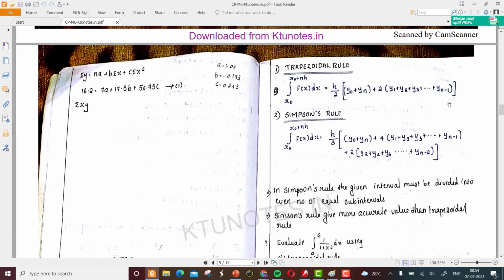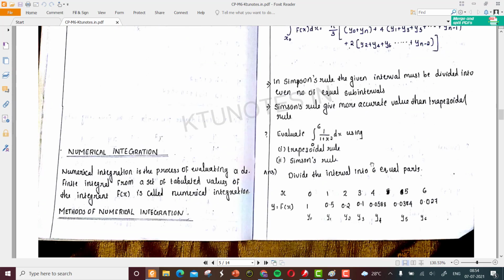So this is the trapezoidal rule. In the case of Simpson's rule, it is h by 3 into first term plus last term, which is common, plus 4 into all the odd terms plus 2 into all the even terms. So that's the difference between these two methods.